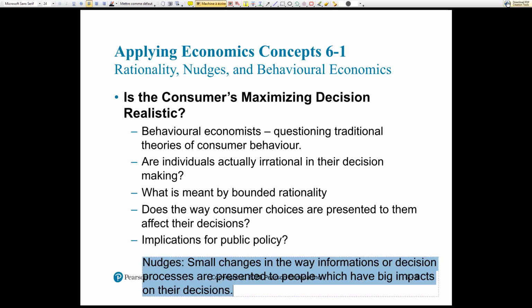Because they're rational and because all they care about is, I want maximum money so I can buy as much stuff as I like. But nudges are nice because they don't cost anything and they can bring an immense level of improvement in society's welfare.